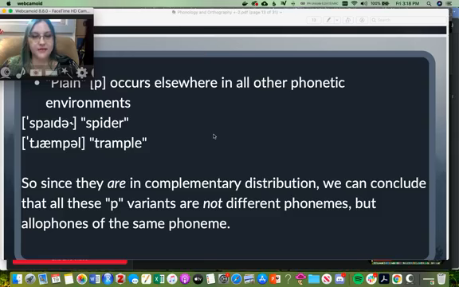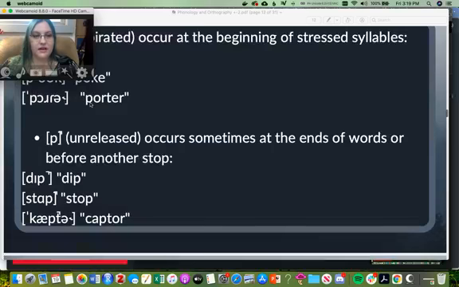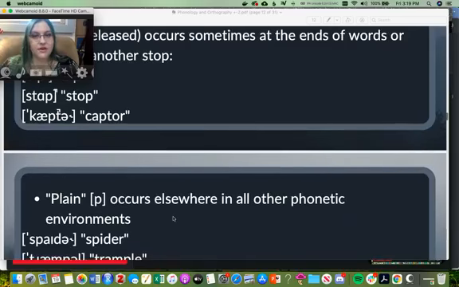Typically when you have an allophone, you will write it in brackets to represent the phonetic details of it, like this. And when you have a phoneme by itself that represents the whole category, you write it in slashes.